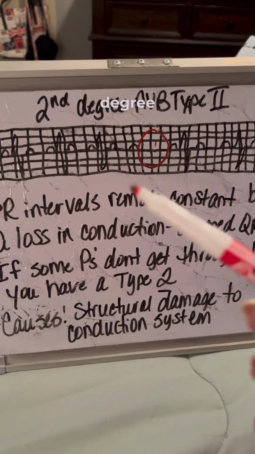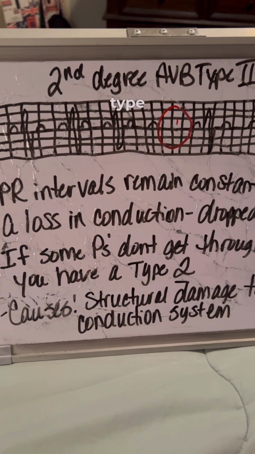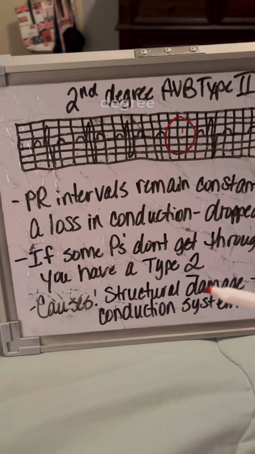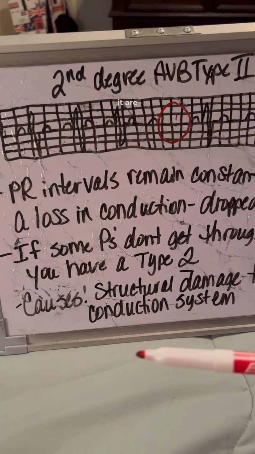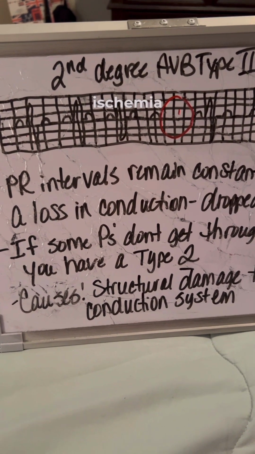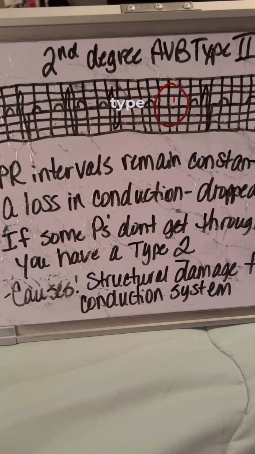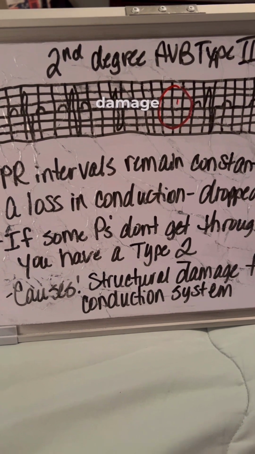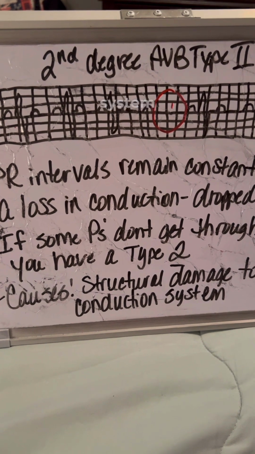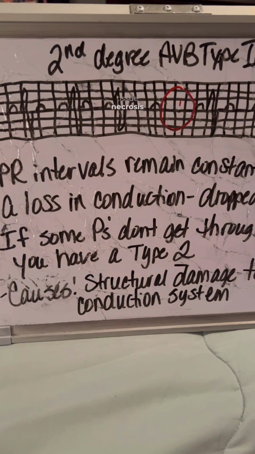A second degree type 2 block is much more scary than a second degree type 1 for many reasons. So if you think back to some of the causes of a second degree AV block type 1, some of it are reversible causes like drugs. Some reversible ischemia could be causing a second degree type 1, whereas with a second degree type 2, there's actual structural damage to the conduction system of that bundle of His Purkinje system, like an infarction, fibrosis of tissue, necrosis of tissue.